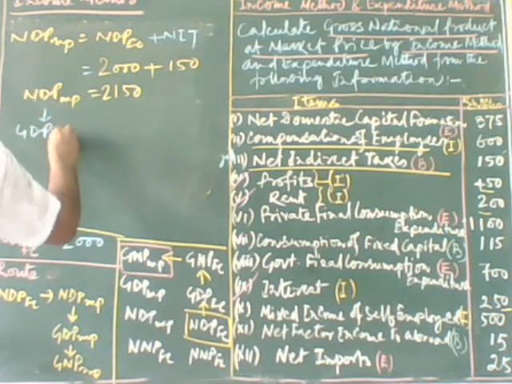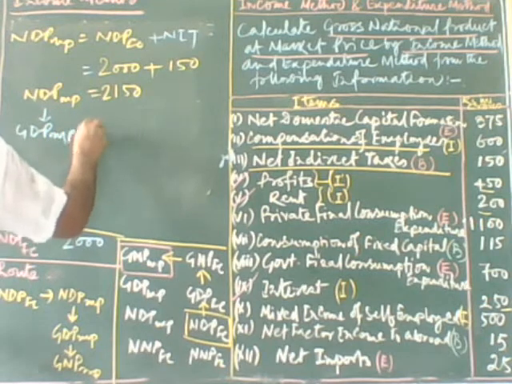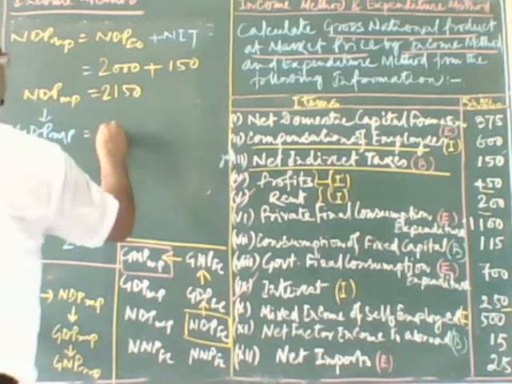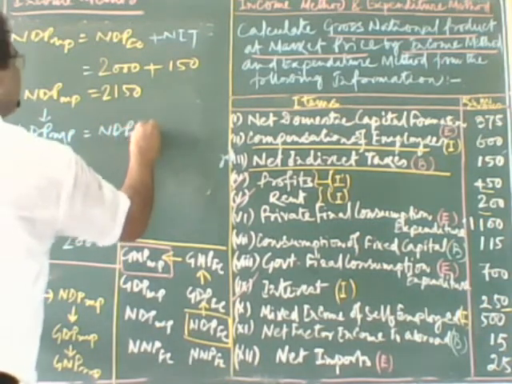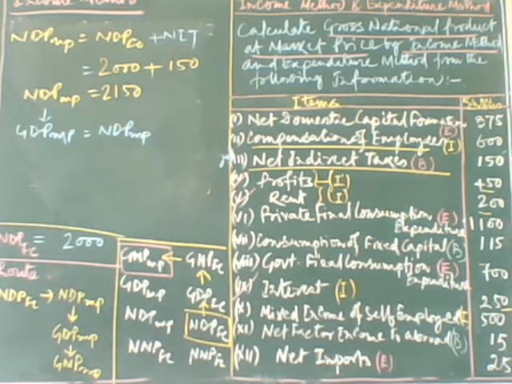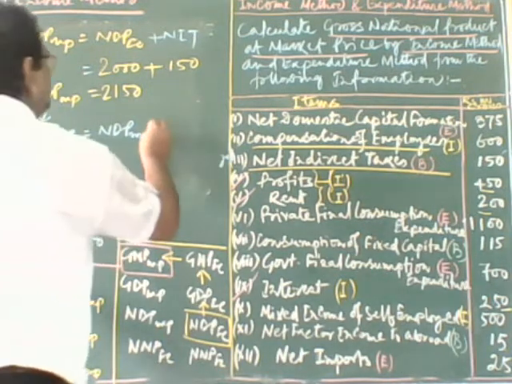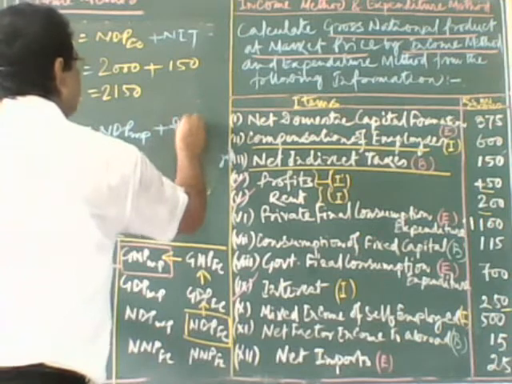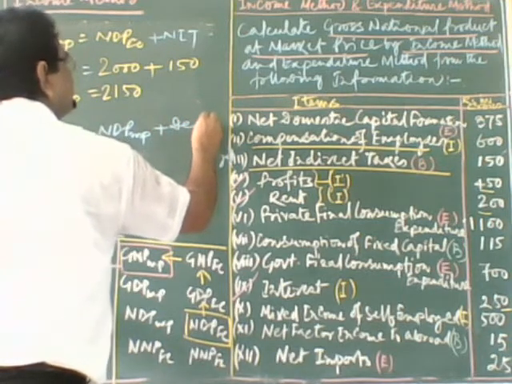GDP market price is equal to what? NDP market price. Here the relation is gross domestic product at market price and net domestic product at market price. The relation is gross and net. The bridging component is depreciation. So here depreciation will be added.